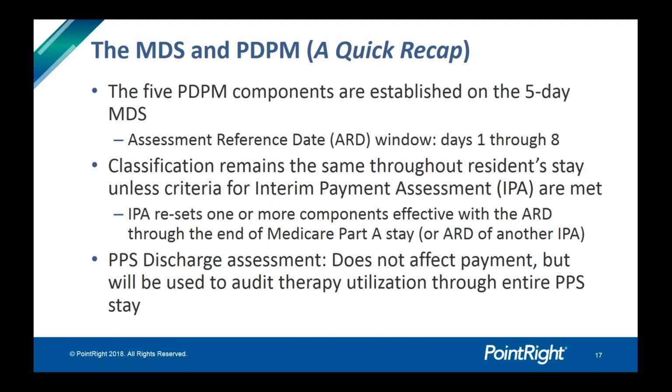It resets one or more of the payment components effective with the assessment reference date of that assessment through the end of the Medicare stay, unless there is another interim payment assessment that is completed. So that basically shifts the payment if there is a change in the resident's condition that would be enough to change the payment.